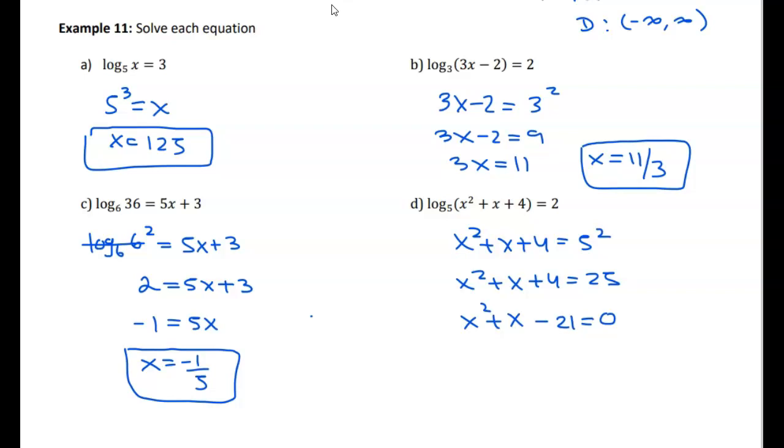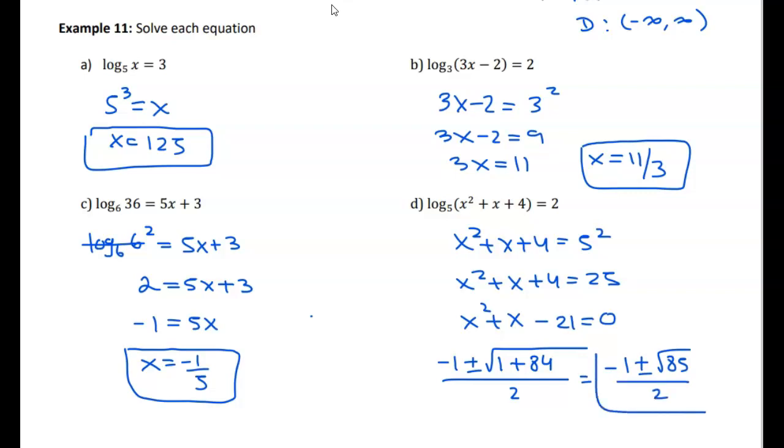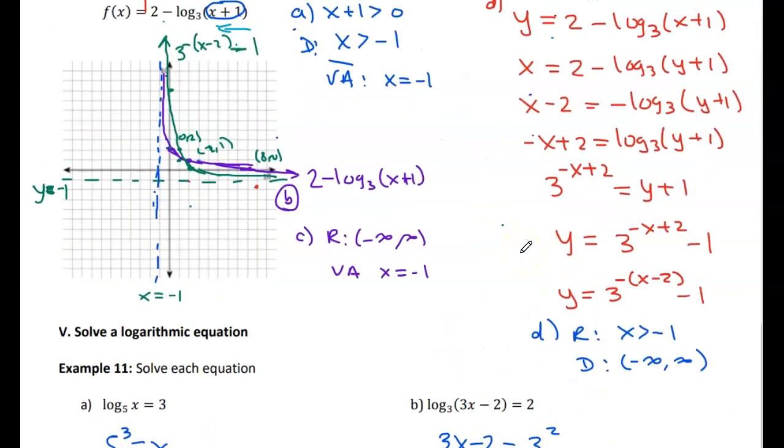So we use the quadratic formula. We have negative 1 plus or minus the square root of 1 squared minus 4 times negative 21, so plus 84, all divided by 2. Negative 1 plus or minus the square root of 85, divided by 2. So here are our solutions. All right, and that's it for this section.